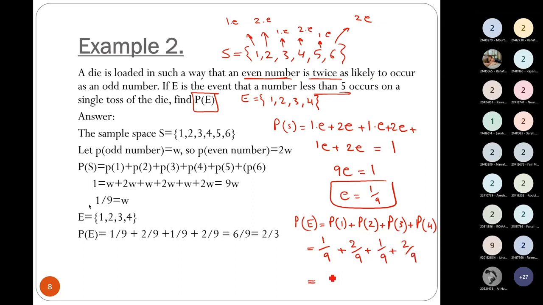All of these equal 6 over 9, or after simplifying, 2 over 3. Okay? Any question?